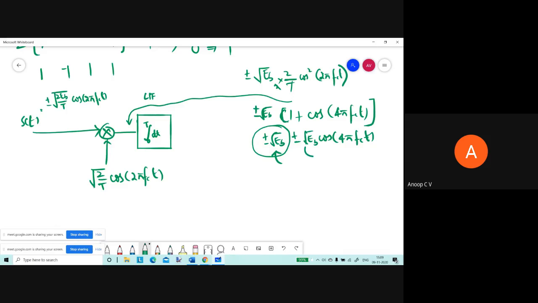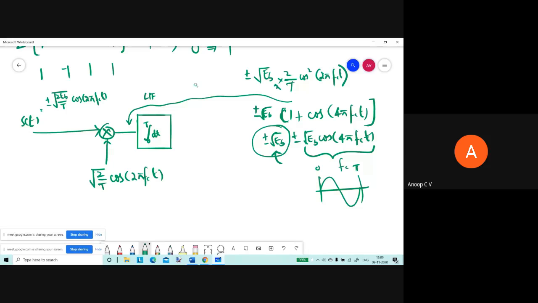But for the other term, we have assumed one complete cycle per bit duration. If the frequency is FC, over a period of 0 to TB there is one complete cycle.